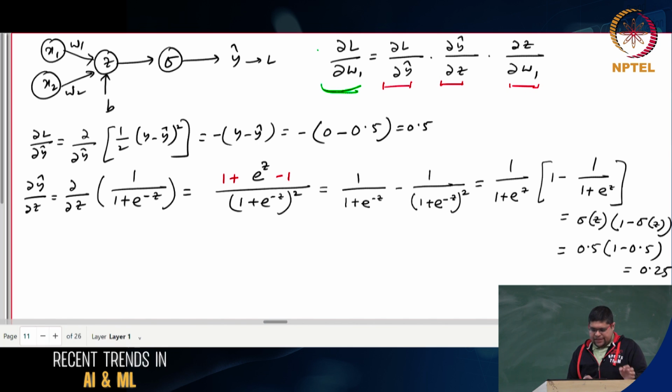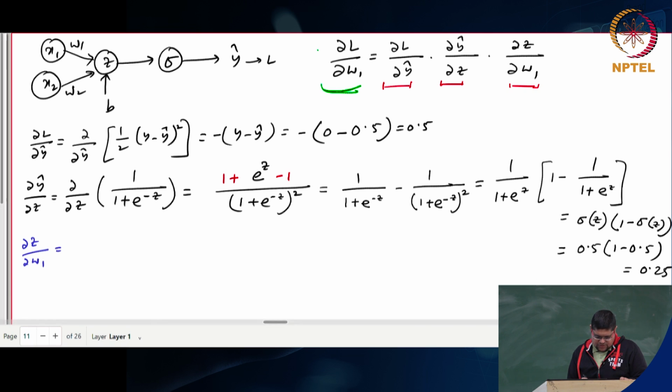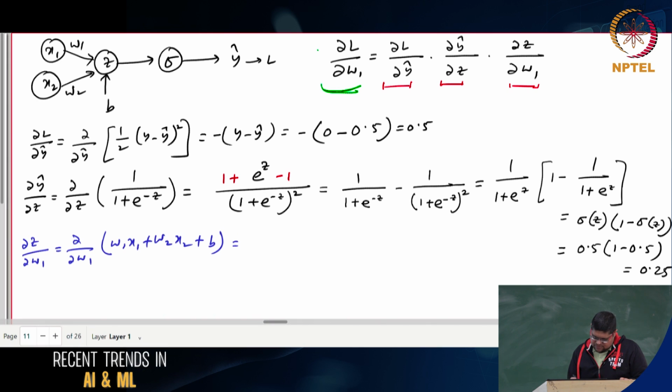Now what will we calculate? Del z by del w1 equals del by del w1 of w1 x1 plus w2 x2 plus b. What will we get? It is a partial derivative, so we will only get x1, because x2 and b are constant in terms of w1.